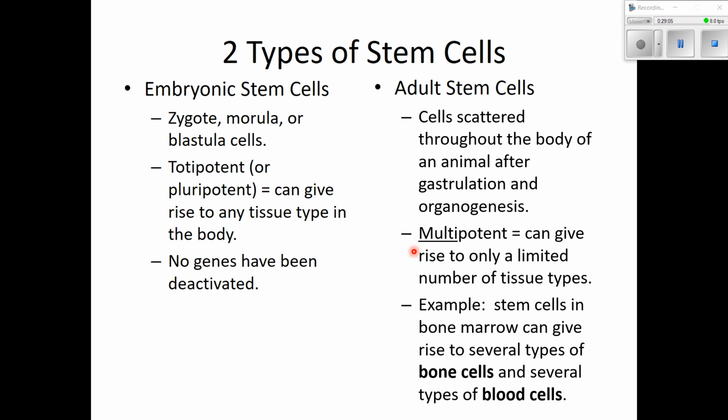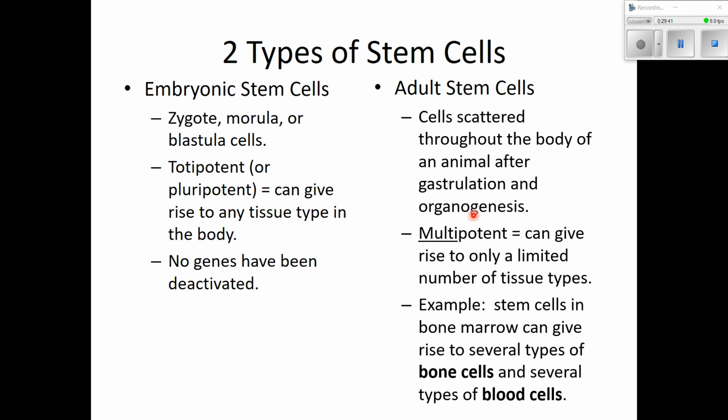Now, I mentioned there is a third type, and the third type is called, let me see if I can get the name right, induced pluripotent somatic stem cells. And this is something that doesn't happen naturally, but in the laboratory, scientists are figuring out, and there's a lot of research going into this right now, ways to take maybe bone marrow cells or cells from an adult and manipulate those cells in the laboratory.